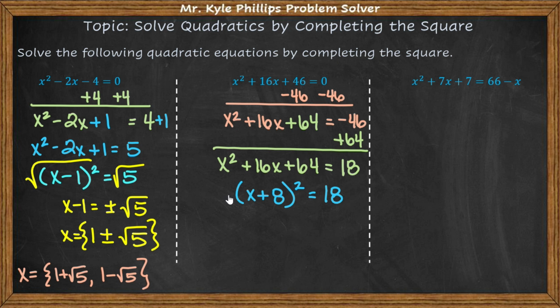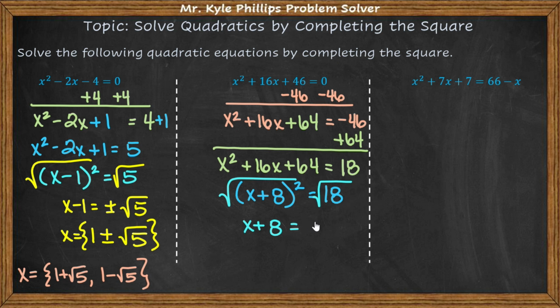Now I can solve by taking the square root of both sides. So now I have x plus 8 is equal to, now simplifying the radical here is purely up to your teacher. Okay, I am going to simplify in this video, but remember, this is the exact same thing as 3 root 2. They are the same number. You do not have to simplify for it to be numerically correct.